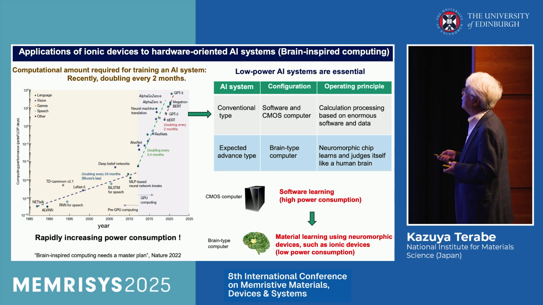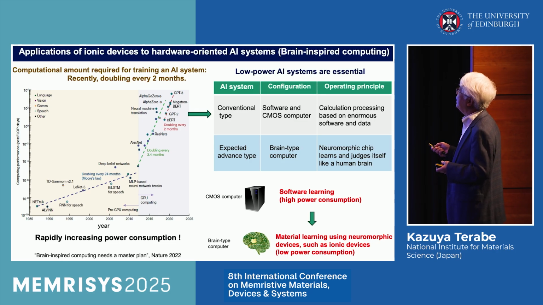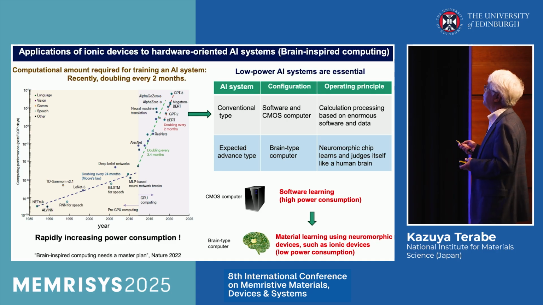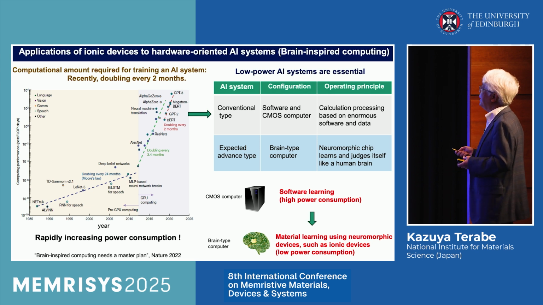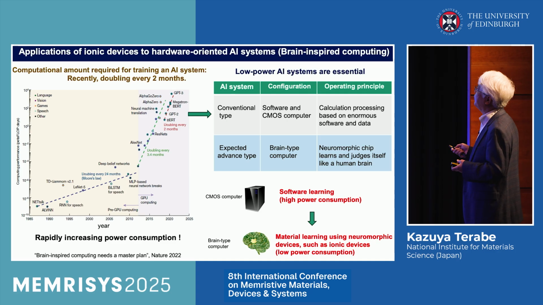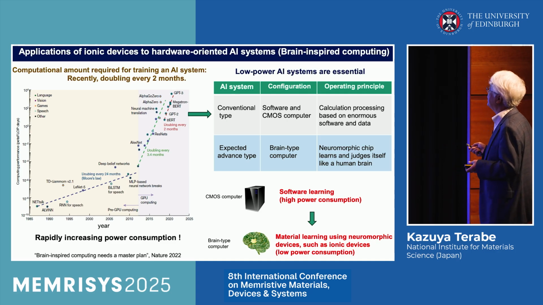This is because this system is a conventional type, and the configuration is software and a CMOS computer. So the operating principle is calculation processing based on enormous software and data. So the expected advanced type is a brain type computer, you know very well. That is a neuromorphic chip that judges itself like a human brain.